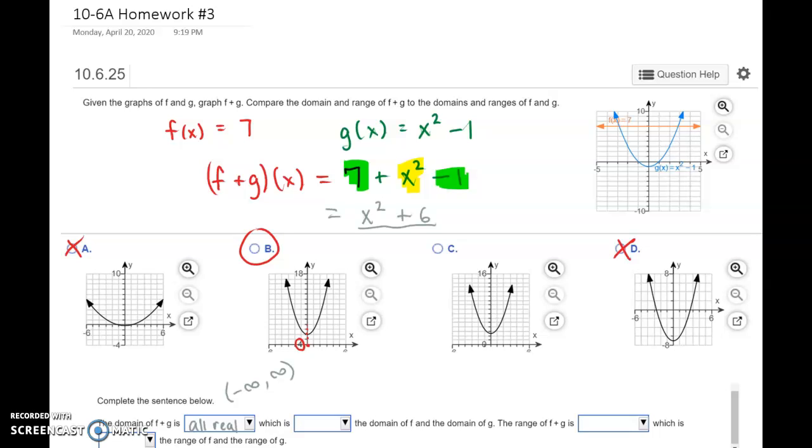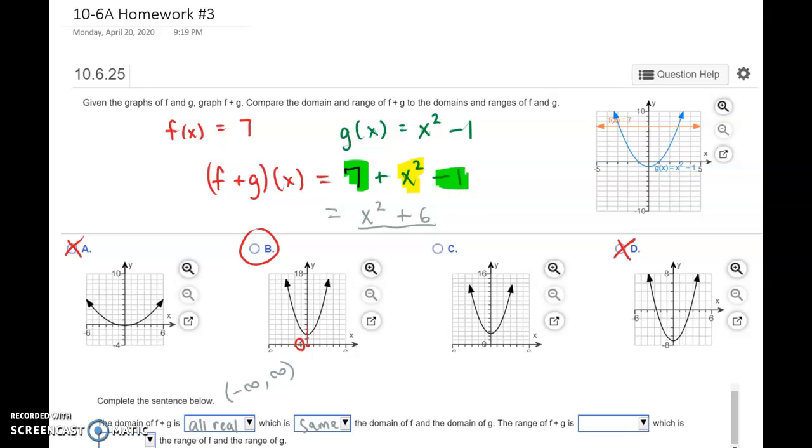If I look back at the original f and the original g, both of those also have arrows on both ends. So actually, that's the same domain as the original two functions. If I look at the range, though, the range of f, which is just 7, the highest point and the lowest point are both 7.